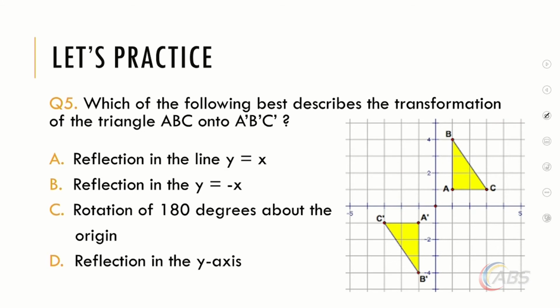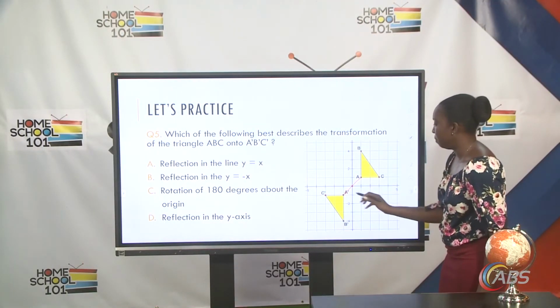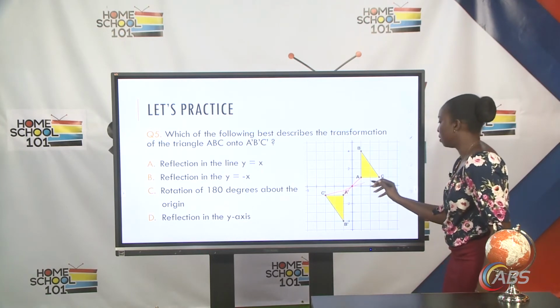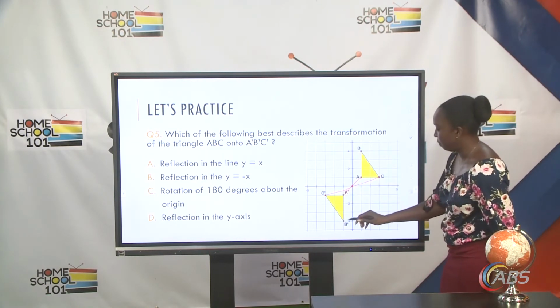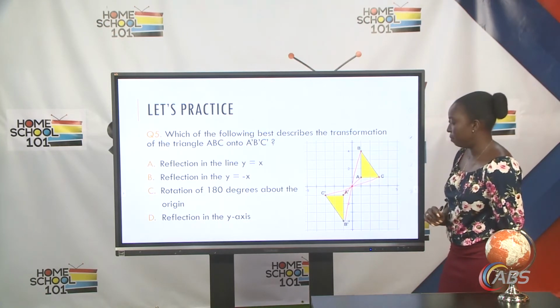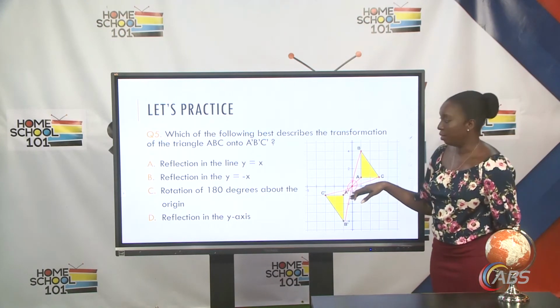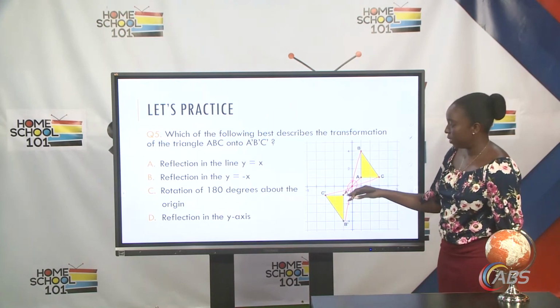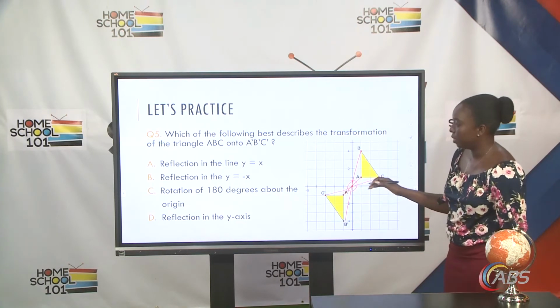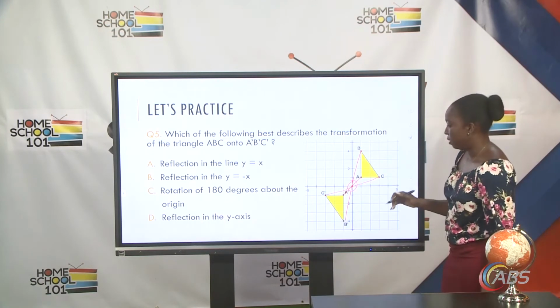Right? So is it a rotation of 180 degrees? So if I connect my A and A prime, my C and C prime, and my B and B prime, we'll notice that they all lap in over our origin, which is 0, 0, which is actually where they told us that one was mapped onto the other, okay?